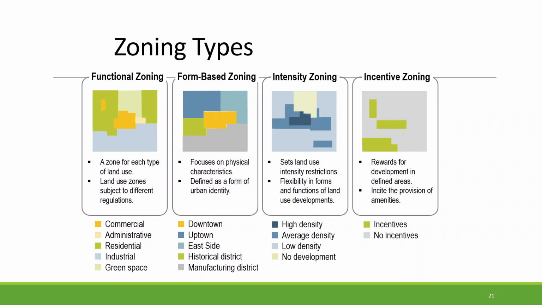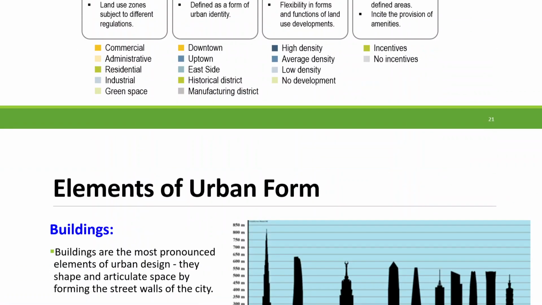And sometimes, for particular reasons, some local institutions incentivize development by reducing different taxes or construction charges, that will incentivize some kind of development in particular areas where the local institutions want. That is called the incentive zone.